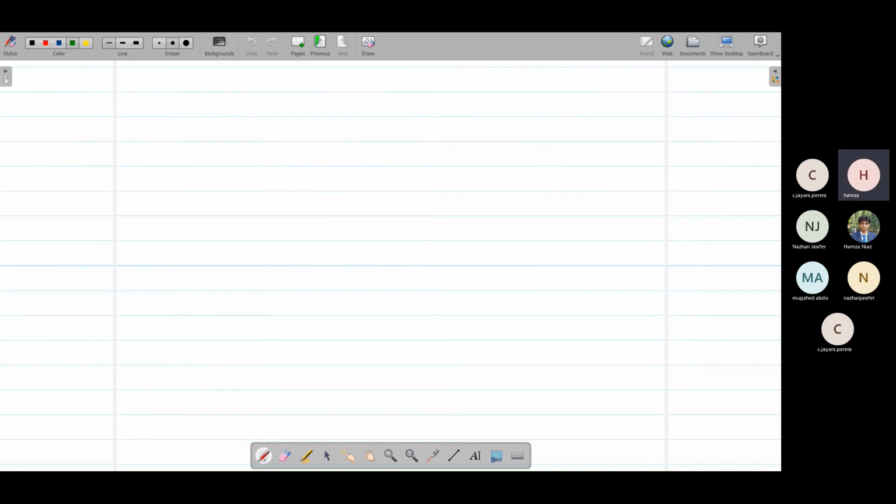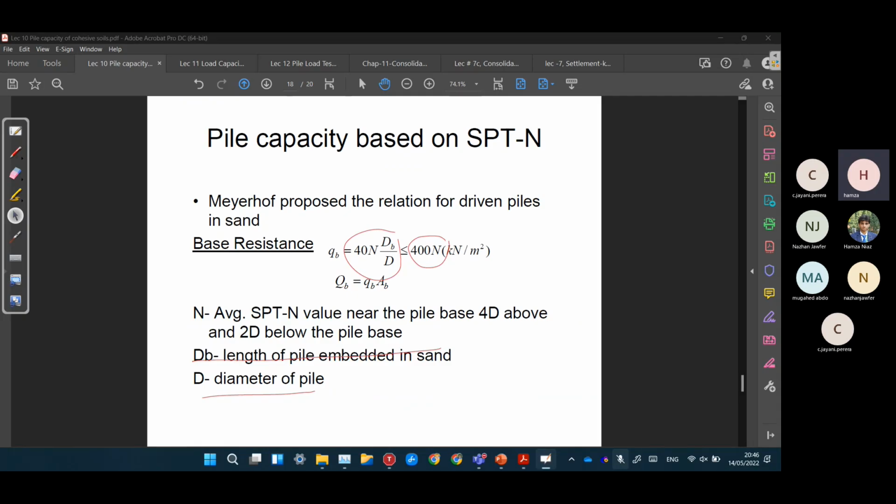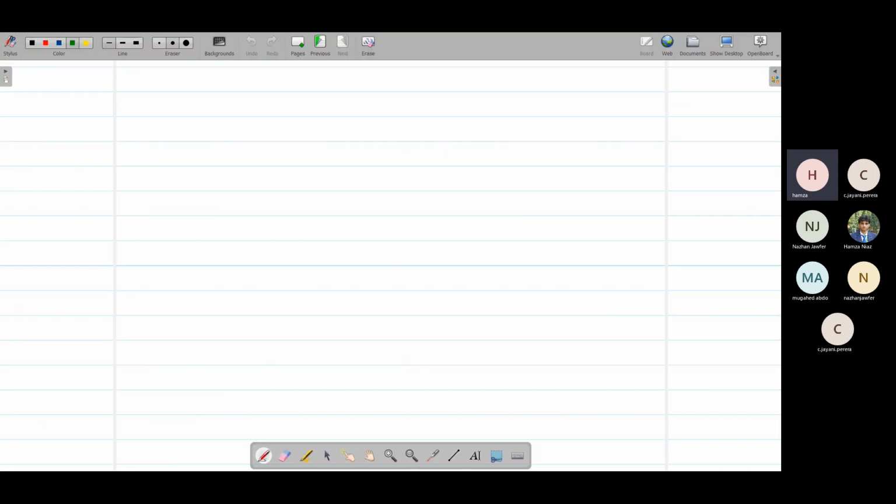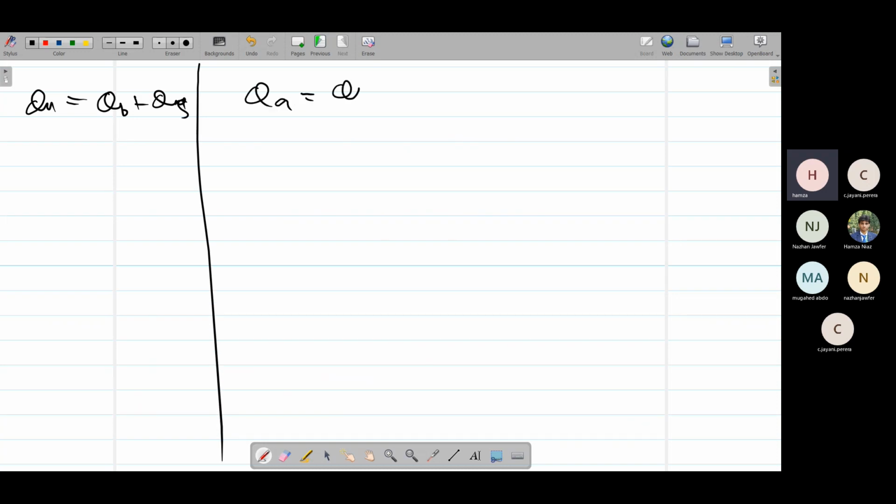First calculate qs. Then calculate the maximum qb. The limit would be 400 n, select the minimum out of these two and multiply it with the area. Now we know this Qs, and now we know this Qb. Simply Qu is equal to Qb plus Qs. We know these two values, simply add them and we'll get this Qu, and Q allowable would be Qu over factor of safety.